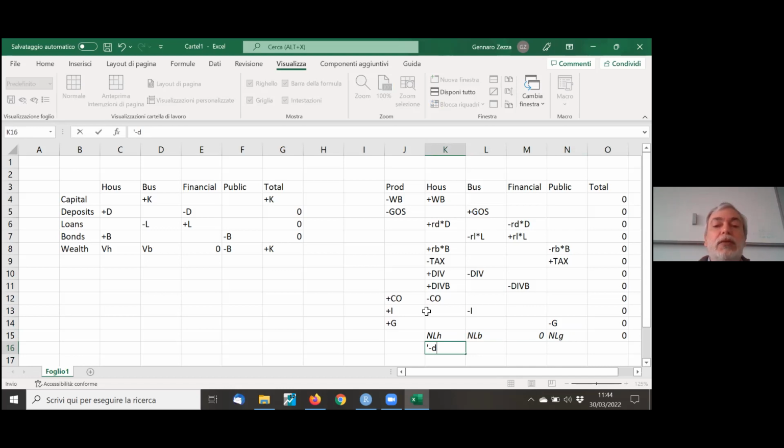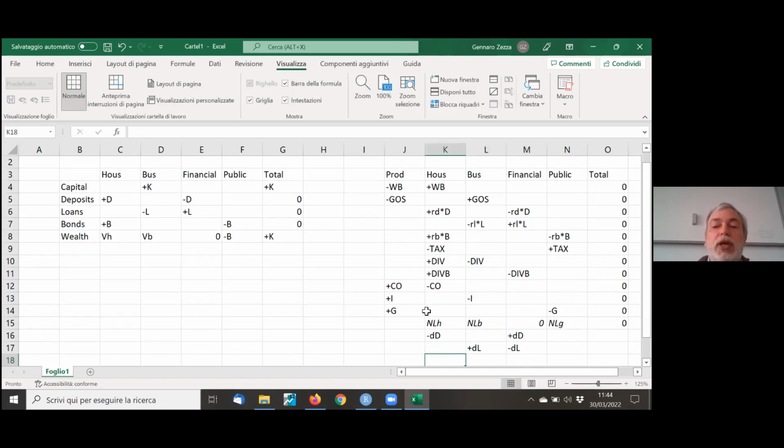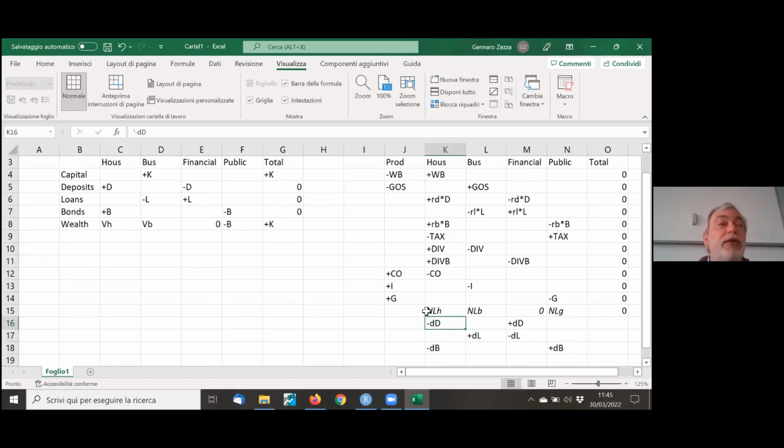Let's call this D. The change in loans and the change in bonds. So they are written with the opposite sign so the total here will be 0. Okay.